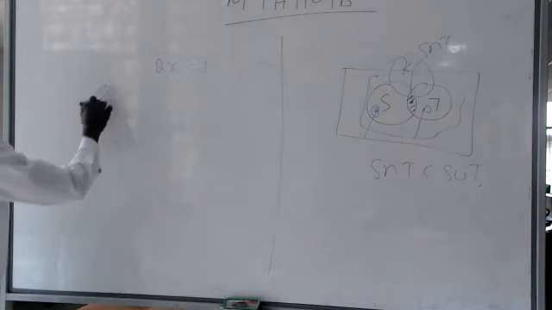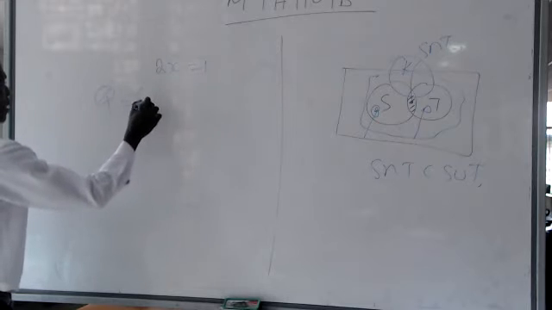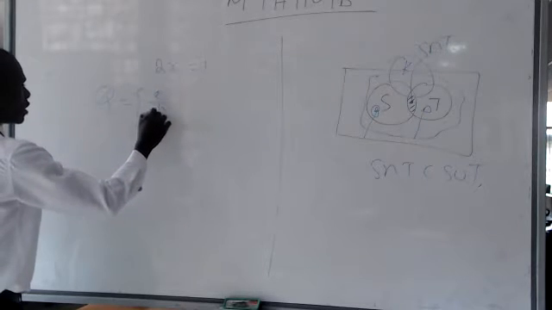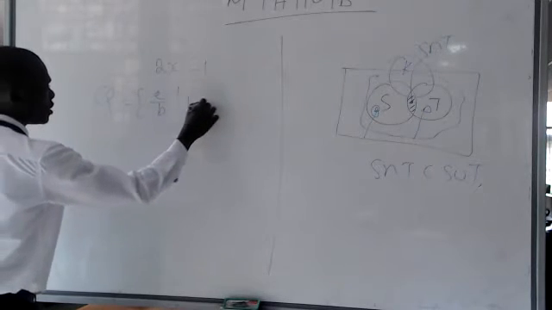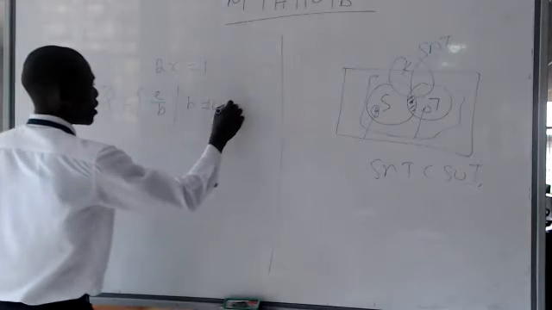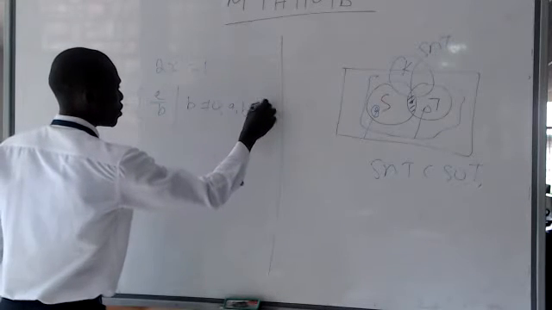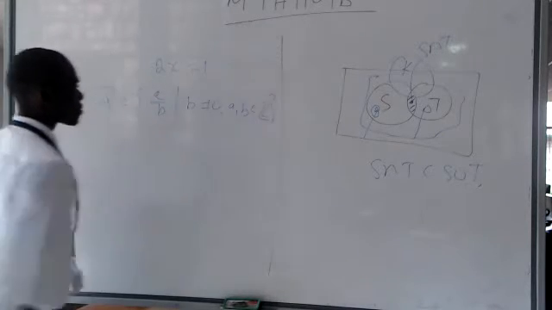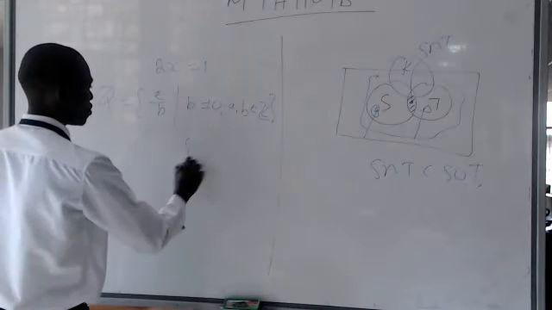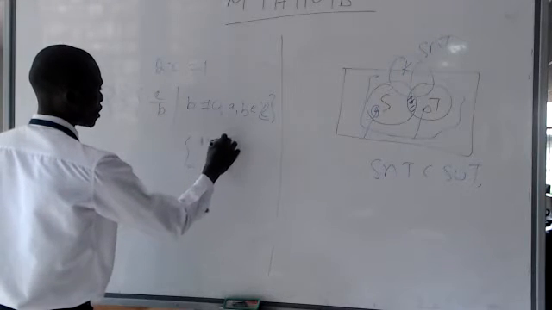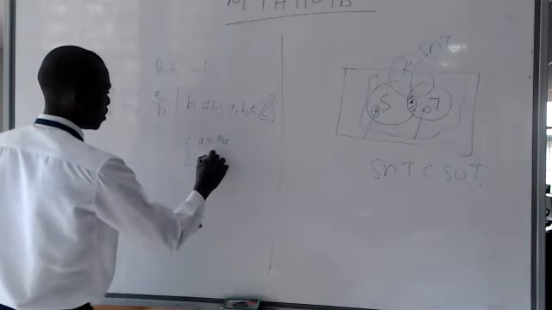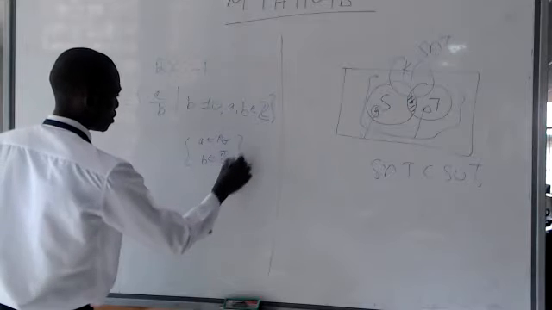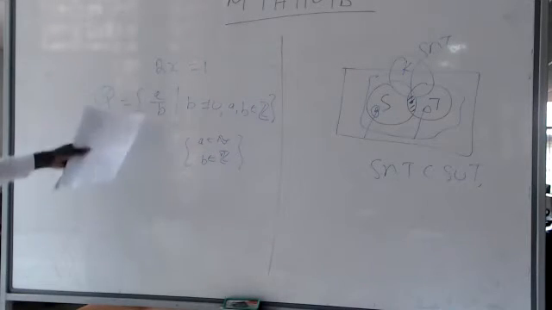So the definition is that the set of rational numbers are numbers of the form a divided by b, such that b is not 0, and a and b belong to the set of integers. This is the set of rational numbers.